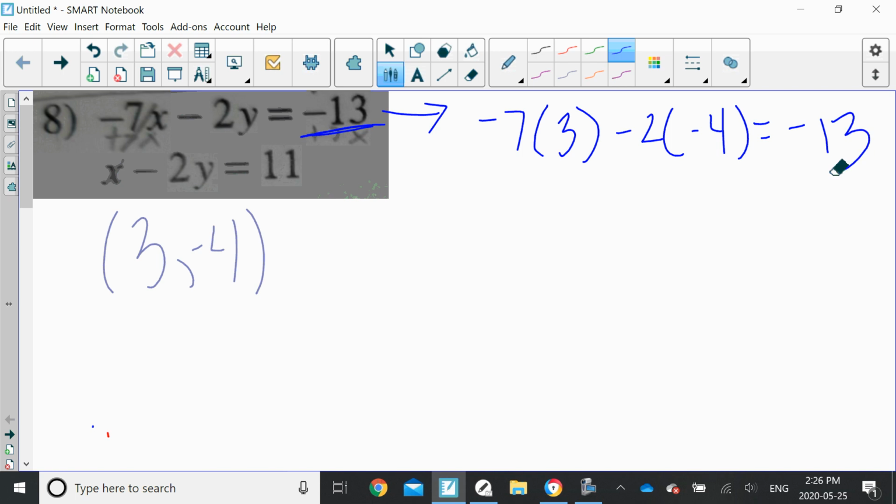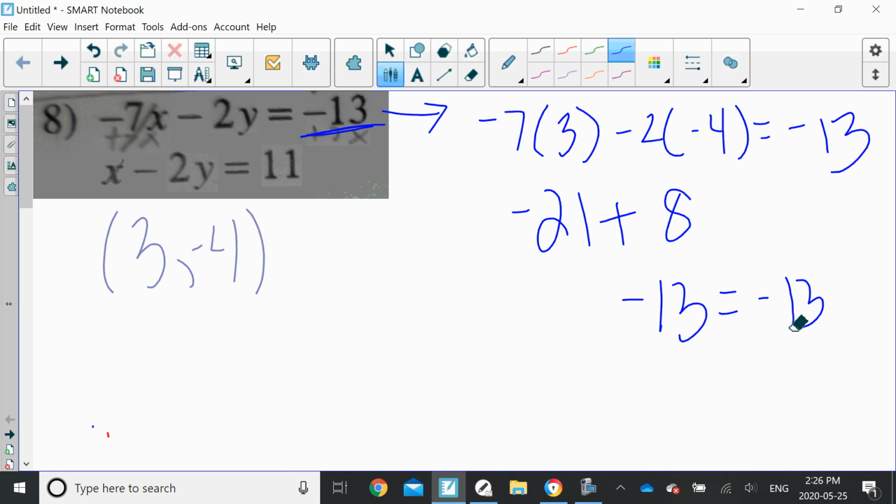Okay, negative 7 times 3 is negative 21, plus 8. And I'm just going to really quickly check on my calculator. Negative 21 plus 8, yes. Negative 13 is equal to negative 13. And if this was a test, you'd do a check mark and say left-hand side equals right-hand side.